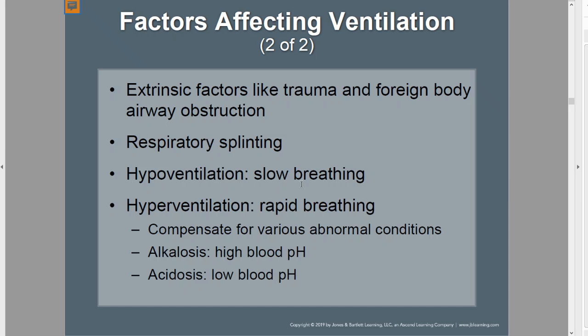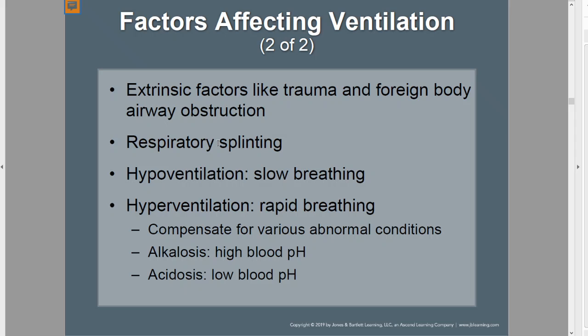We've had this, we know this information, so we get that. I would review that though, because there's lots of factors that can affect ventilation.